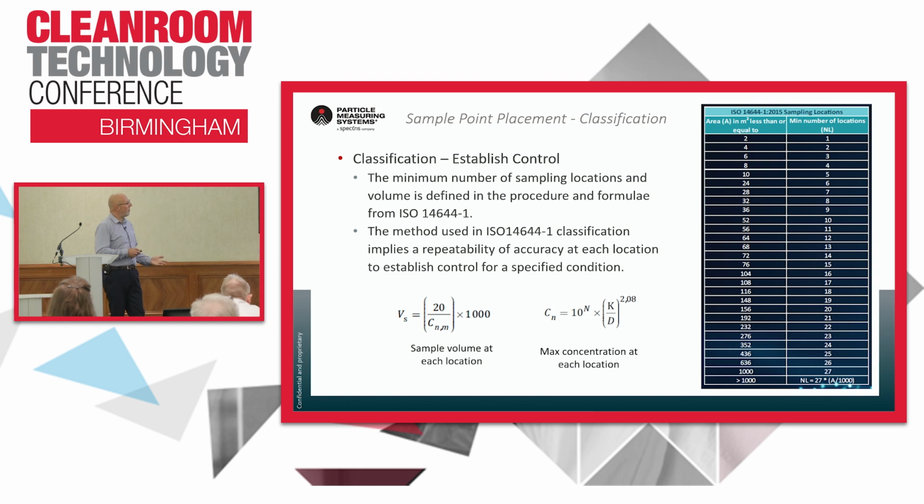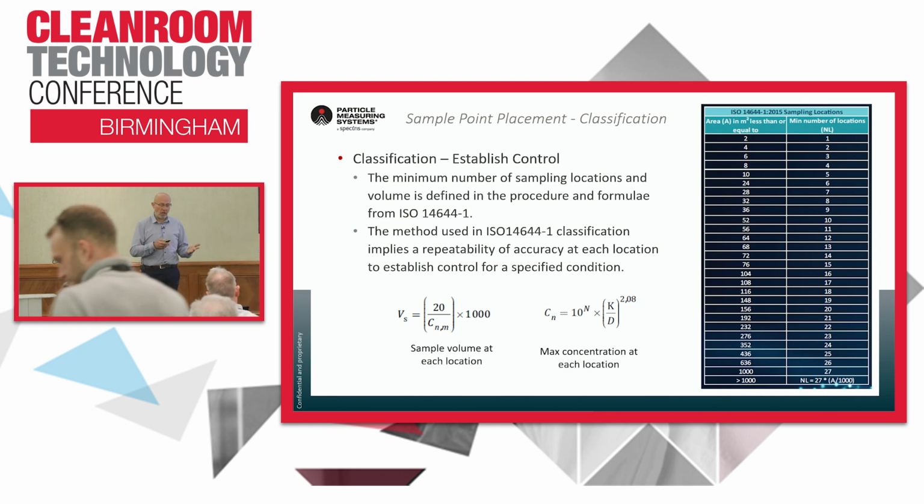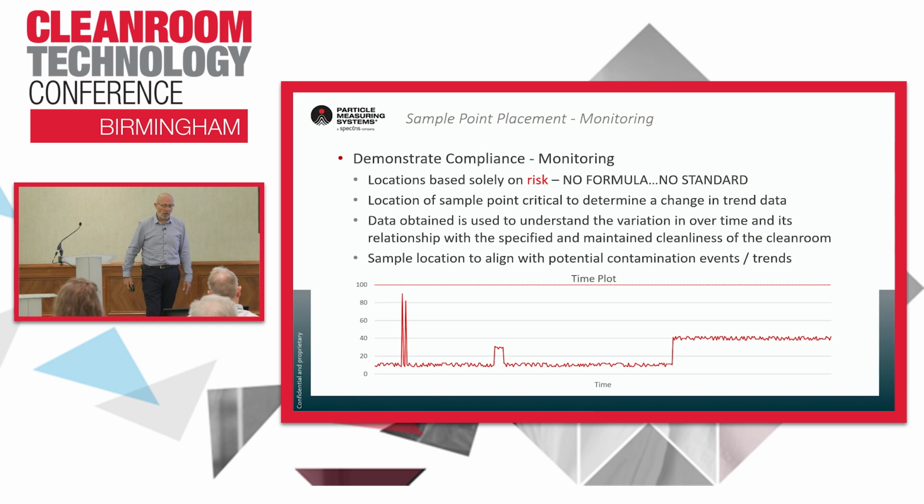There are formulas in there to calculate the sample volume as well, or the particle counters will help guide you through that process, and calculations for the maximum concentration and a ratio of different particle sizes. So it's all tables, formulas, procedures, methods, but all very prescribed, black and white, what we need to do to classify a clean room.